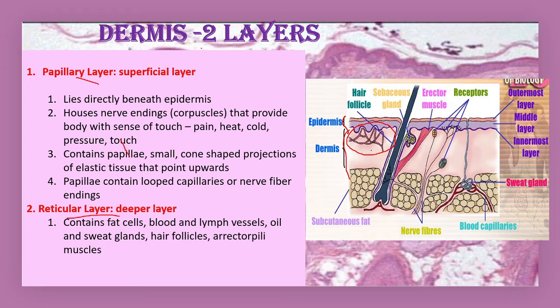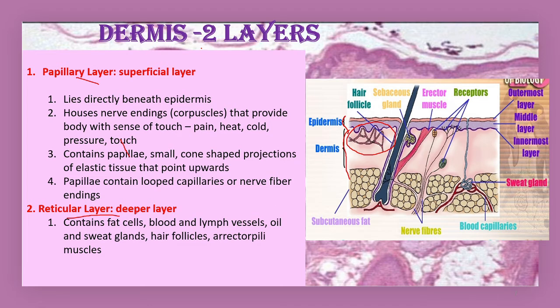You all must have seen fingerprints. Fingerprints are due to this papillary layer that gives the epidermis a cone-shaped projection, that is the elastic tissue. So that is all about the patterning given by this papillary layer.